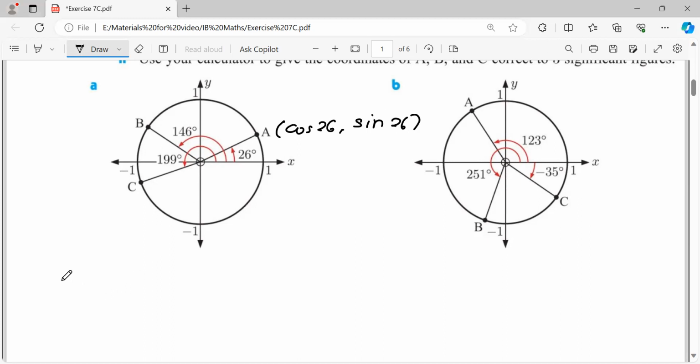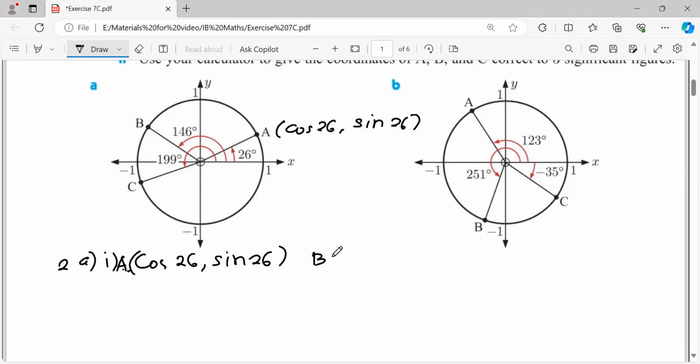So this is number two A. Cosine 26, comma, sine 26. Yeah, this is for A.